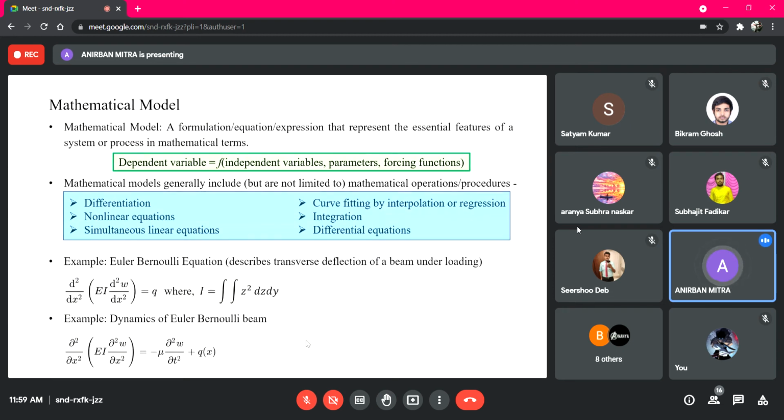This is a partial differential equation. And just for your interest, this is a simulation of the free vibration of a cantilever I-beam. And this simulation is generated by the solution obtained from the second equation shown here.